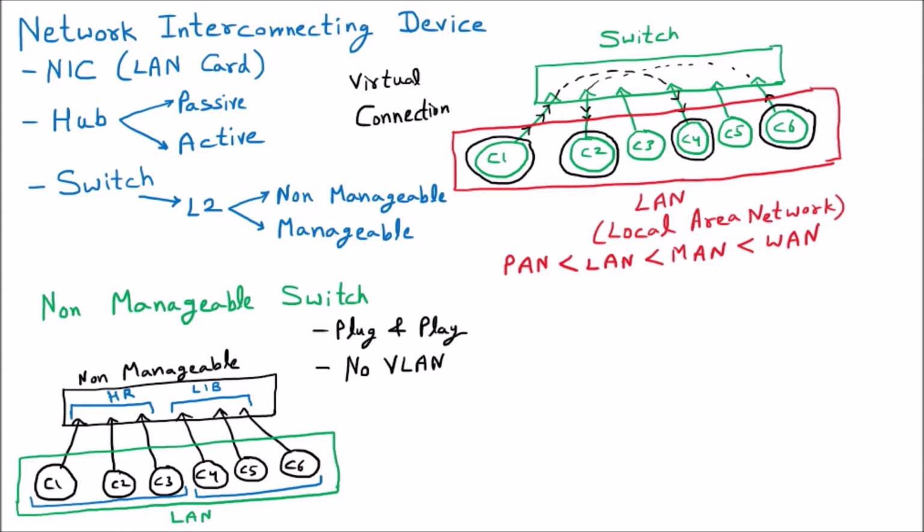If I say the first 30 go to lab 1 and the next 30 go to lab 2, they are actually part of one LAN, but I am creating virtual LANs. Virtual LAN means I am virtually creating groups of 30 students. So if I want three computers connected in one network and three in another virtually, that is not possible with a non-manageable switch. That's why we say there is no VLAN in non-manageable switches.